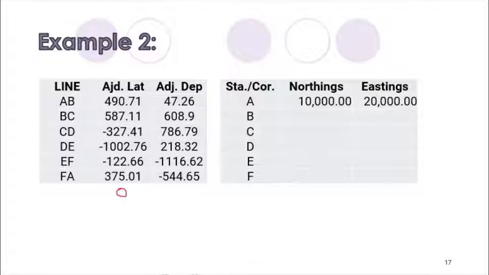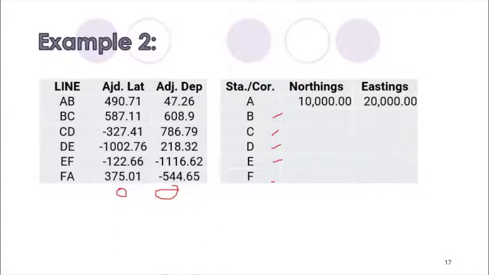The adjusted departure, when you add this one, this should be 0. Okay, so in here, you are given the northings and eastings of station A, and then you are asked to fill this up, meaning you have to solve the coordinates of stations B to F.